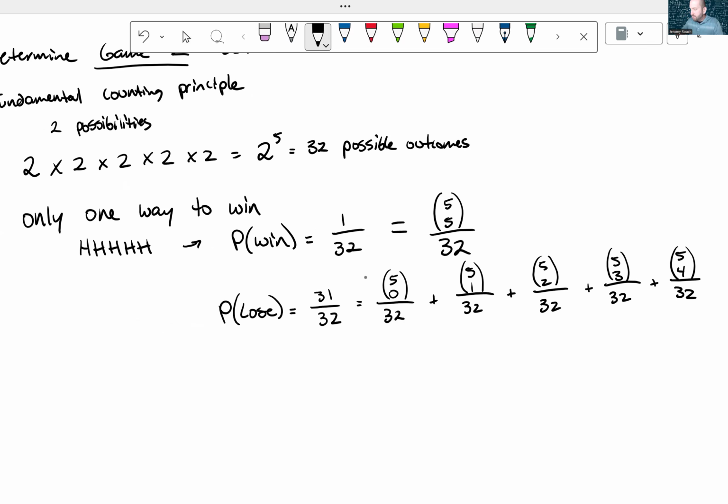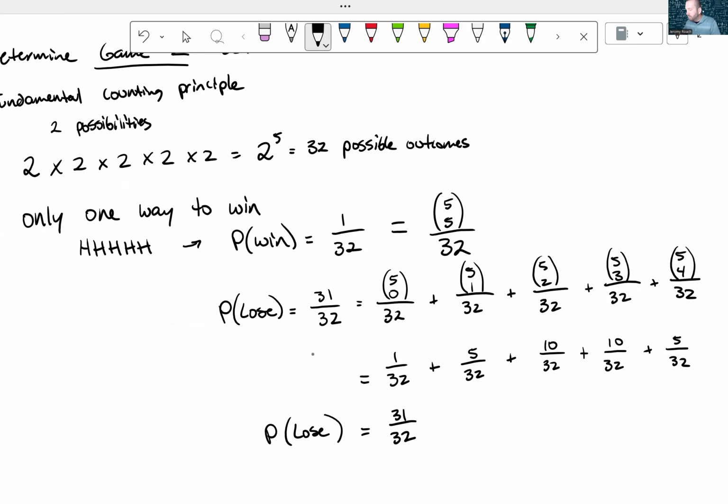Okay, and then if we type this in our calculator with the combinations, we get 1 over 32 plus 5 over 32 plus 10 over 32 plus 10 over 32 plus 5 over 32, which also equals 31 over 32. So that's our probability of losing. I just wanted to clarify that you can write this out with combinations if we didn't get very lucky with our game number 2, which tells us that there was only one way to win.